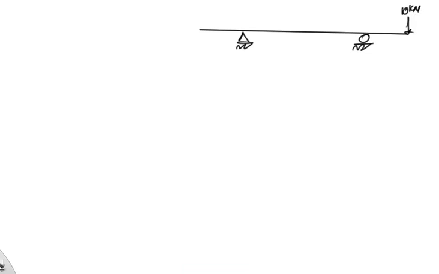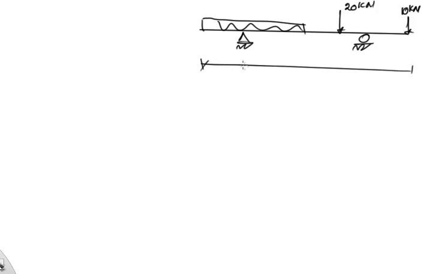And I have a distributed load that goes like this, and I have a force here which is 20 kilonewtons. All the distances are in meters, so it's 2, 3, 2, 2, 2. And the load here is 5 kilonewtons per meter.